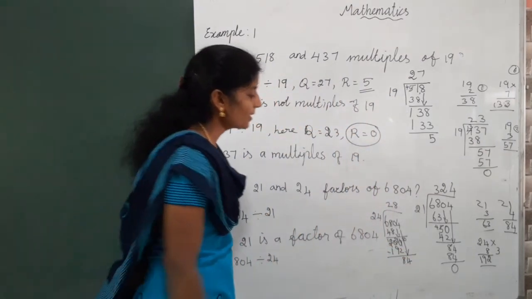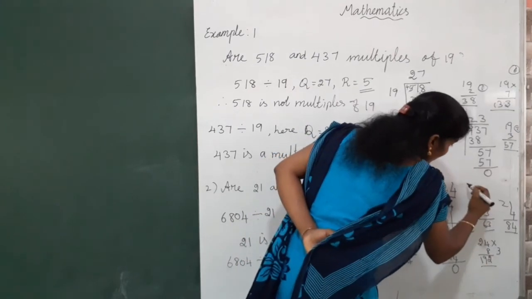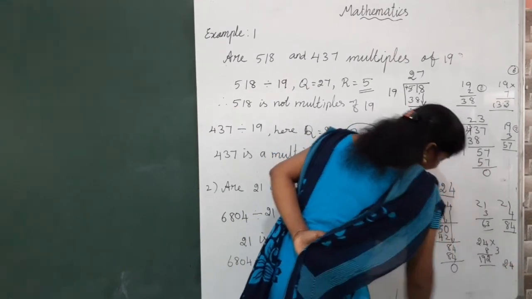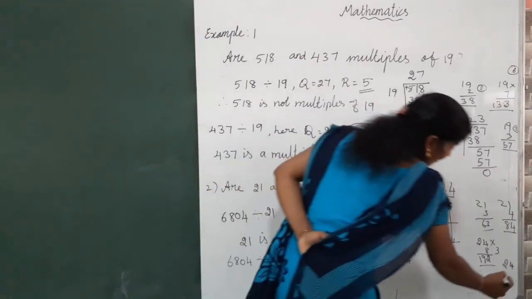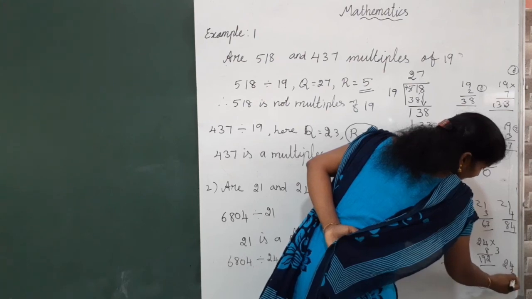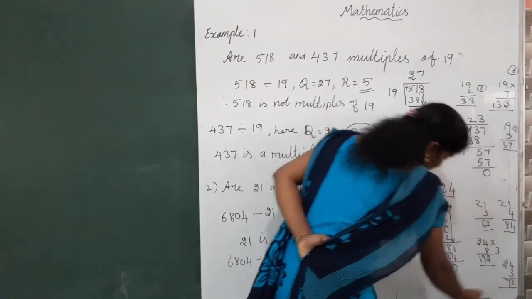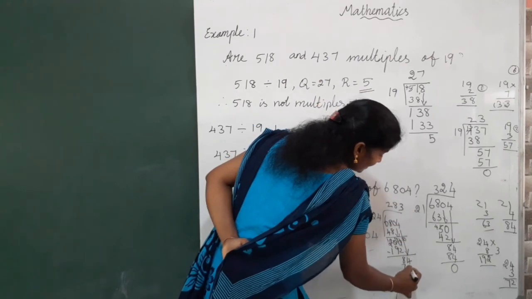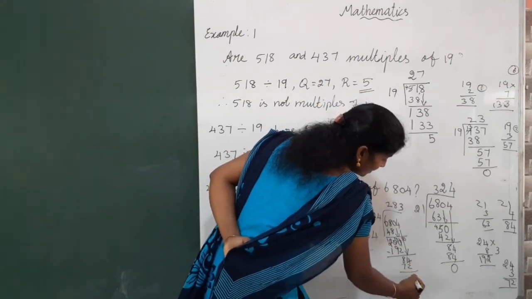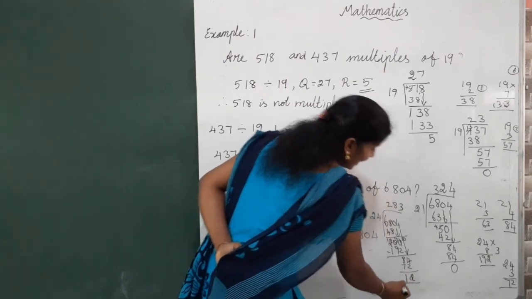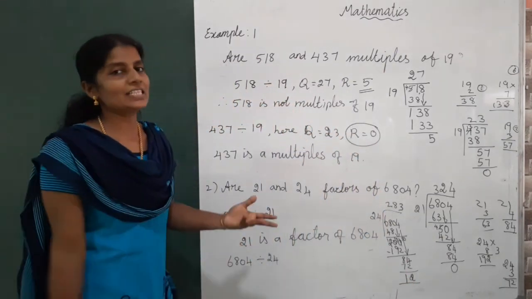84, isn't it? Now 24 into 84 means 24 into 3: 4 3s are 12, 1 balance, 3 2s are 6 plus 1, 7, 72. So this is 3 times 72. 4 minus 2 is 2, 8 minus 7 is 1. Here remainder didn't get 0.